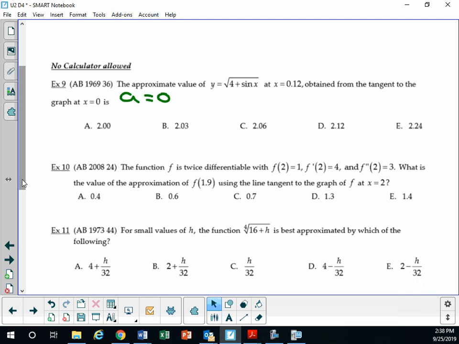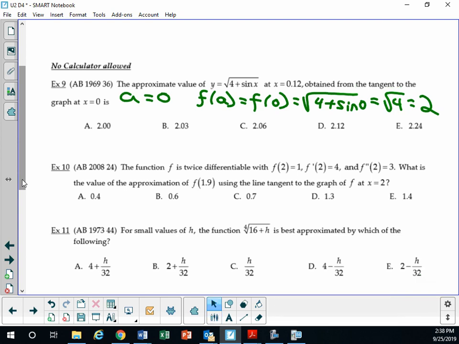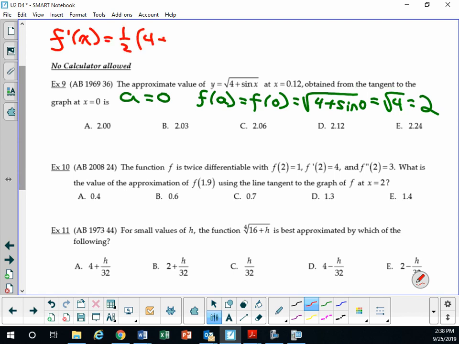Nobody writes that. So f of A is f of 0, which is the square root of 4 plus the sine of 0. The sine of 0 is 0, so that's the square root of 4, which is 2. So I got f of A. Let's talk about f prime of x. F prime of x is 1/2 times 4 plus the sine of x to the negative 1/2 times the derivative of the inside, which is cosine of x.